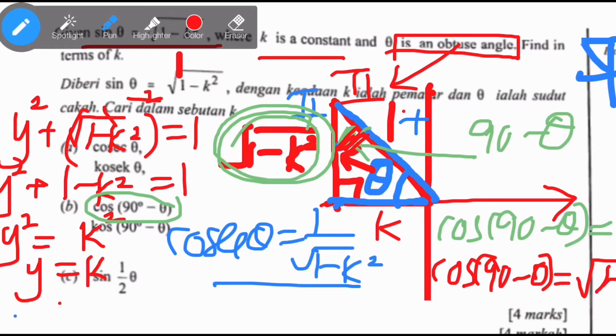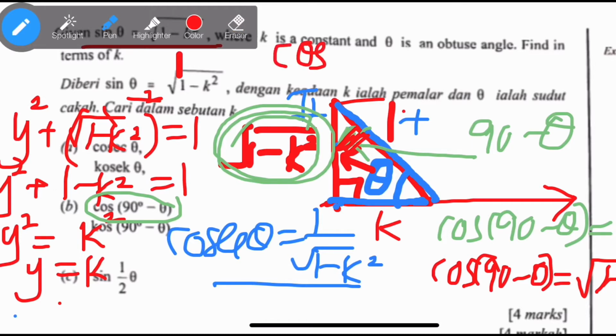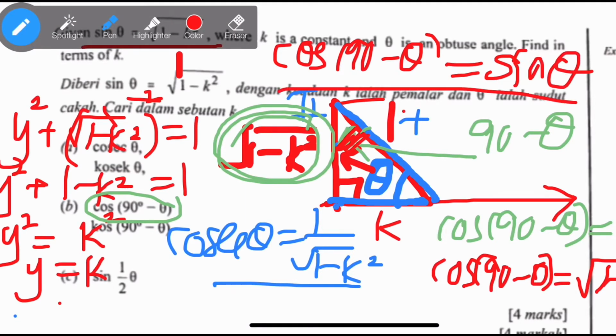But don't forget, which quadrant is it in? Second quadrant. Cosine in the second quadrant is negative, so your answer must come with a negative, alright? When you do trigo, please always remind yourself of All Sine Teacher Crazy. All means all are positive, sine, cos and tangent, in the first quadrant.